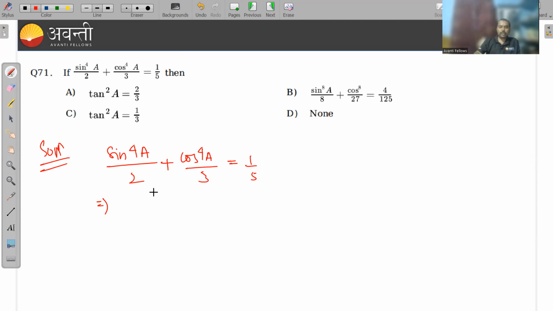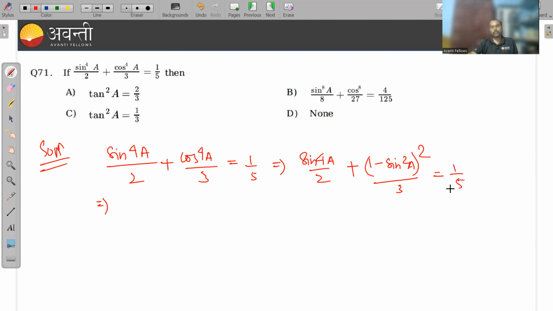Let's solve. Sin की power 4a by 2 plus cos की power 4a by 3; cos square a we can write as 1 minus sin square a, whole square by 3, which is equal to 1 by 5.